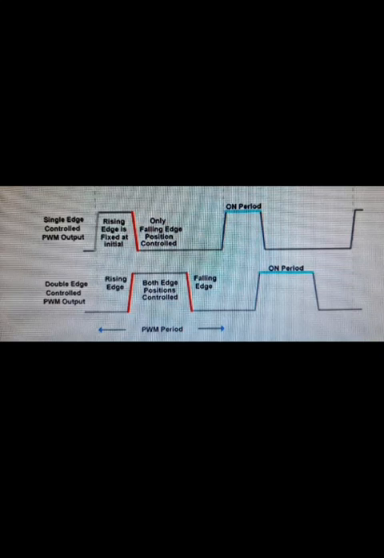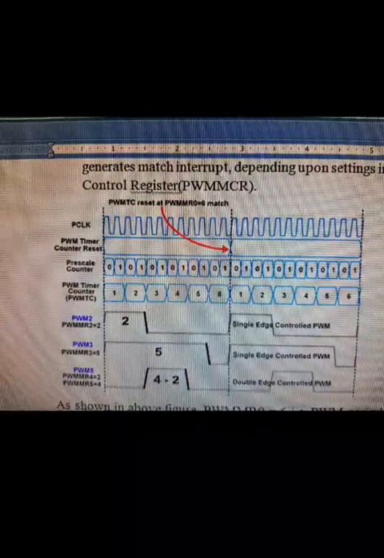That means single edge controlled PWMs have 3 different PWM signals and double edge controlled ones are handled by the PWM as well. Whenever the PWM timer counter matches these match registers, the PWM timer counter resets, stops, or generates match interrupts depending upon the settings in the PWM match control register.